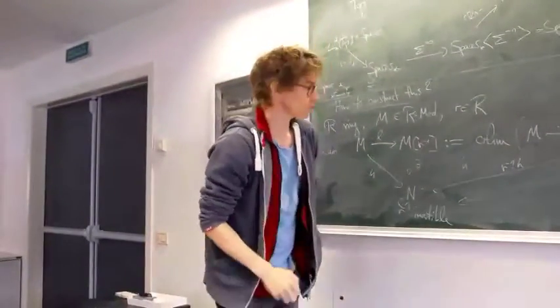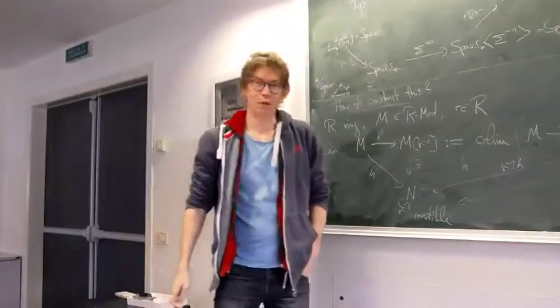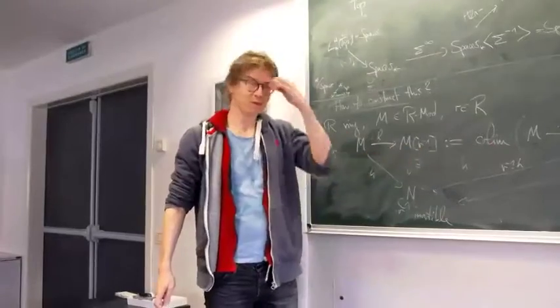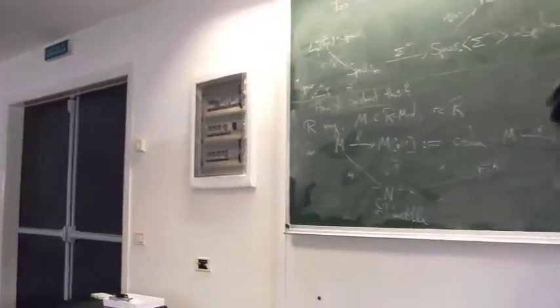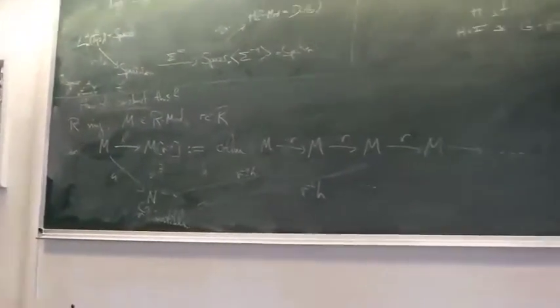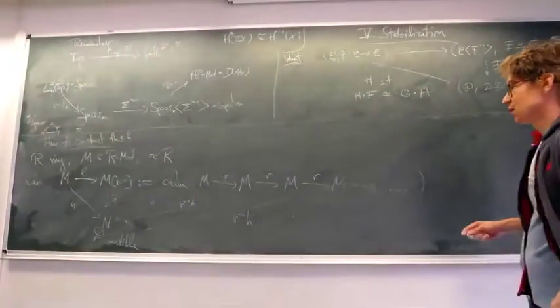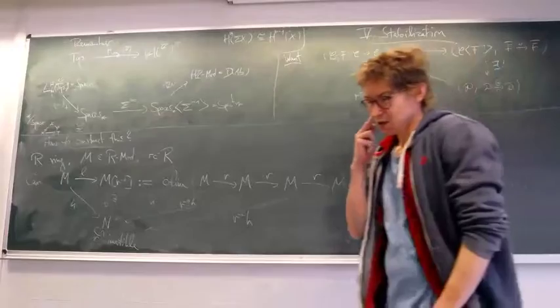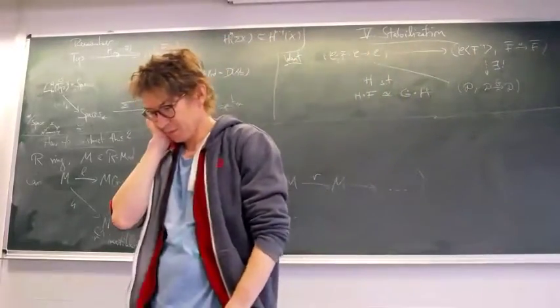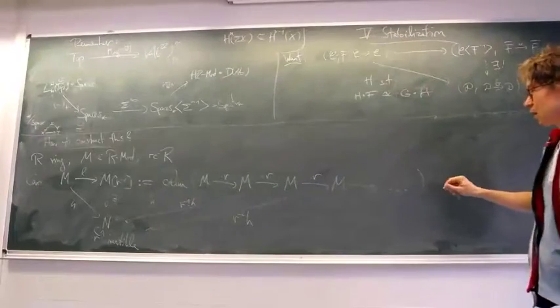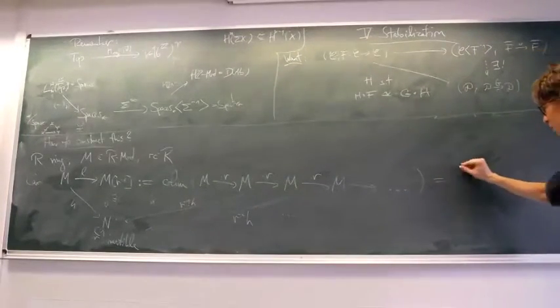And we maybe also should check that R acts invertibly on this one here. So why is this true? Given an element in one of those M's. Yes. So let's remember how to construct this colimit.